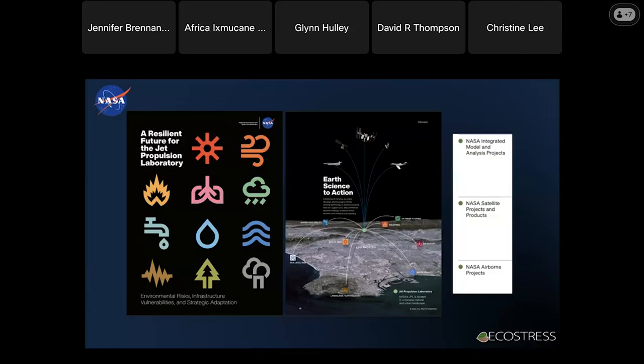And so this leverages, again, multiple NASA integrated models and analysis projects, various NASA satellite projects and products, as well as NASA airborne data to help characterize these infrastructure risks as well.